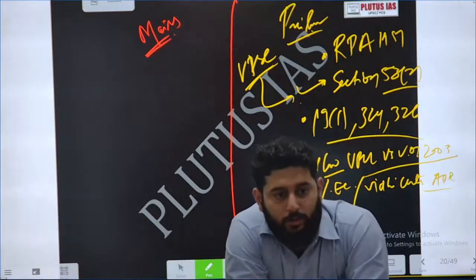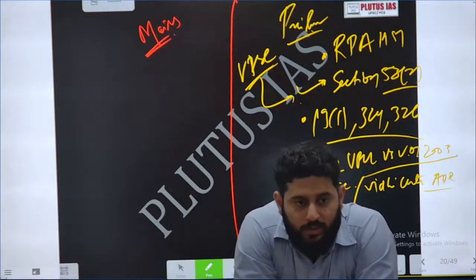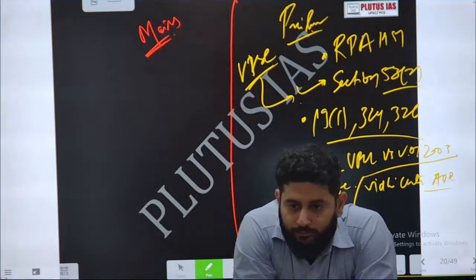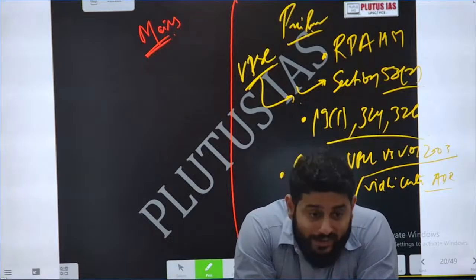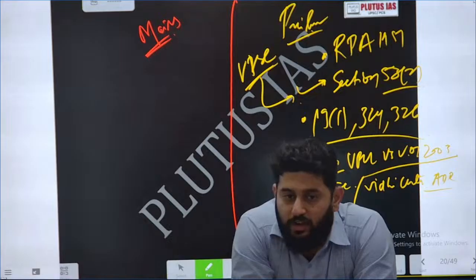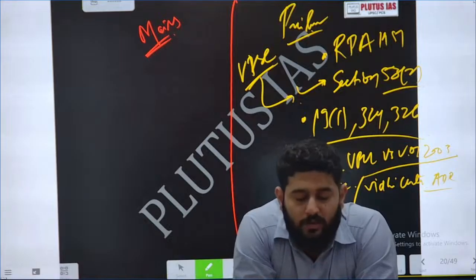First connected questions on UPSC CSE. Another question is like salient features of the Representation of the People Act. Right?